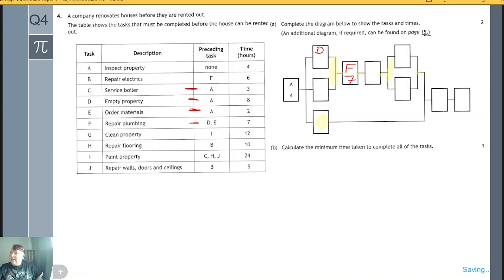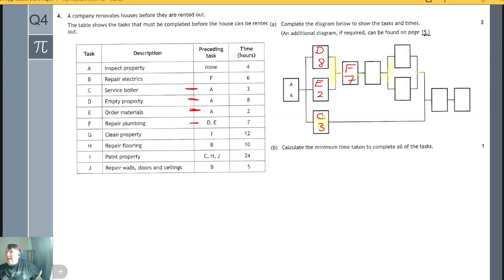D and E are going to go in here, and D is 8 and E is 2. Okay, C will go down here and it needs 3 hours.